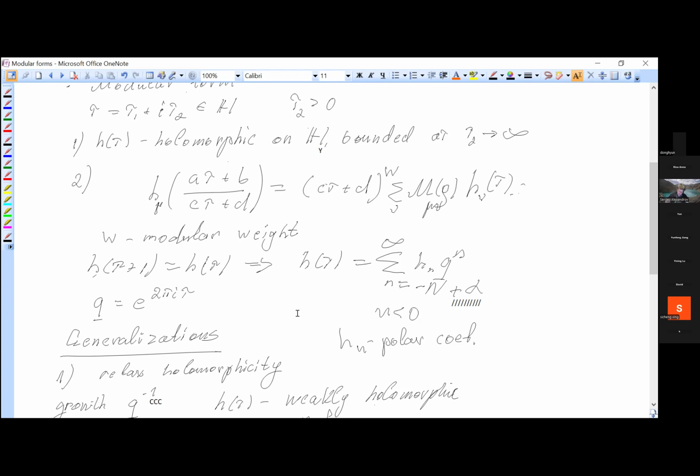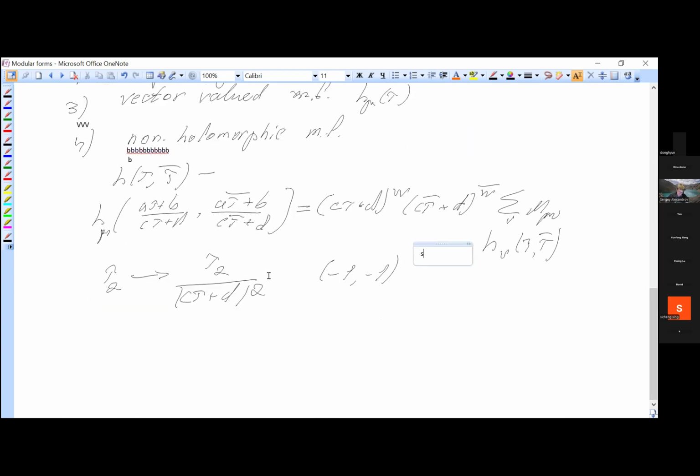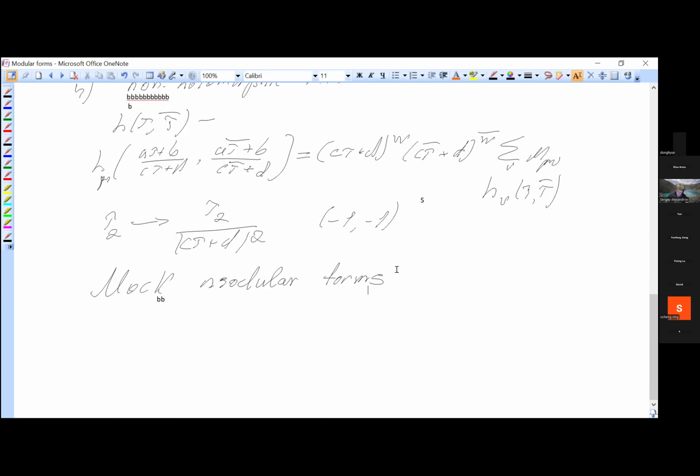But I would like now to go to a more interesting story about mock modular forms. This is where we already have some modular anomaly in the game. Because what is a mock modular form?